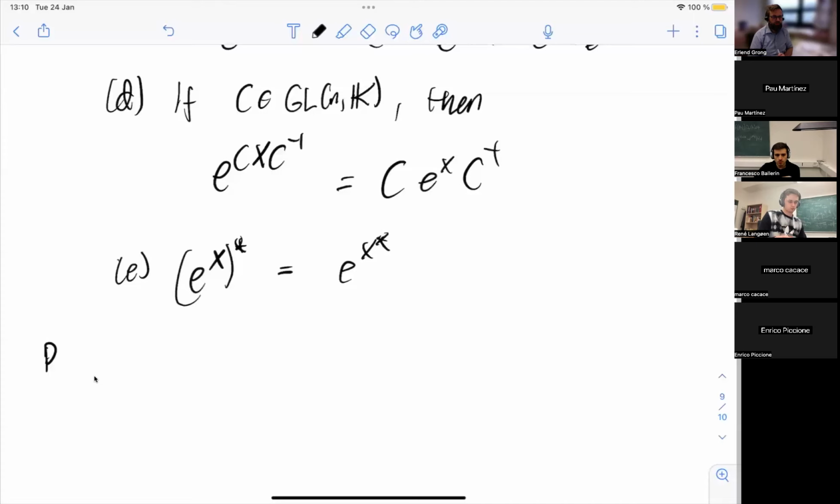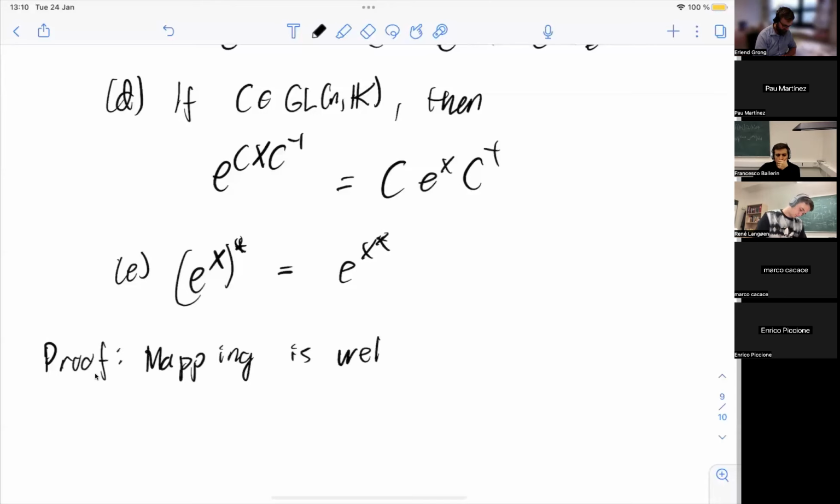Okay, so let's do the proof first, so that the mapping is well defined. Here we recall we need to use that x.